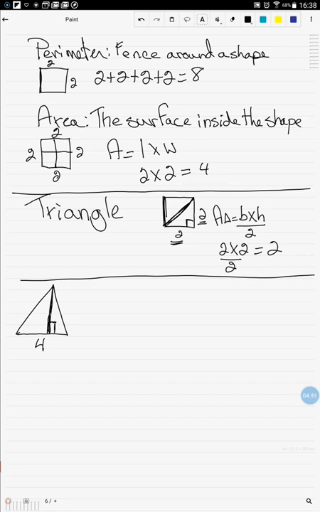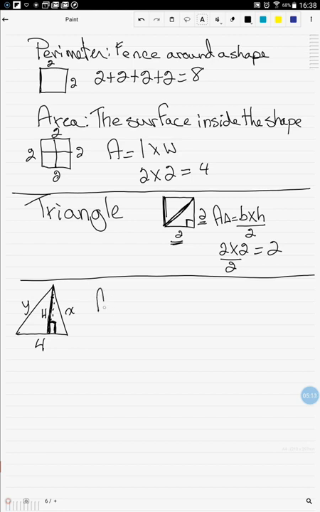So that's my height. No matter what my sides are, that's X, that's Y, it doesn't matter. We'll say the base is 4, just to make it simple. In a problem that asks you that, it will give you the height or an easy way to find out.